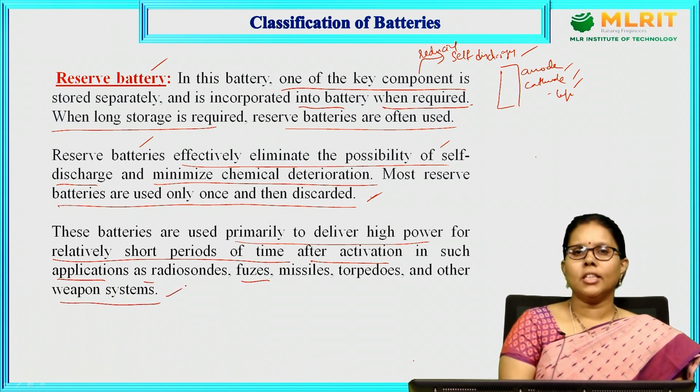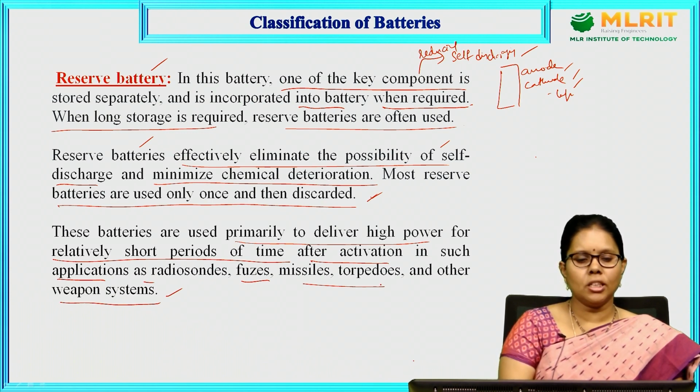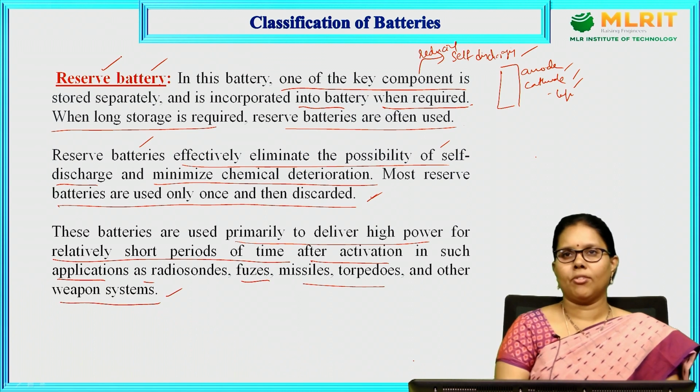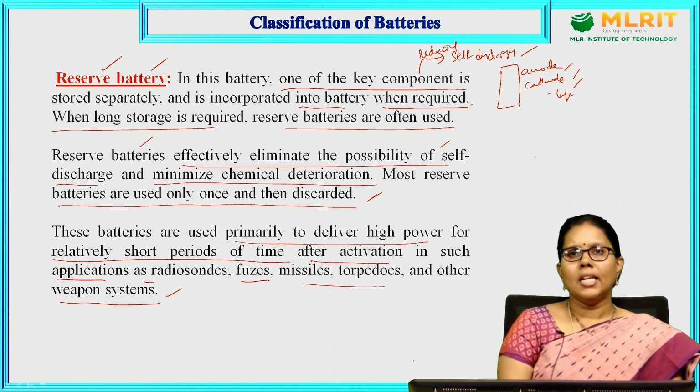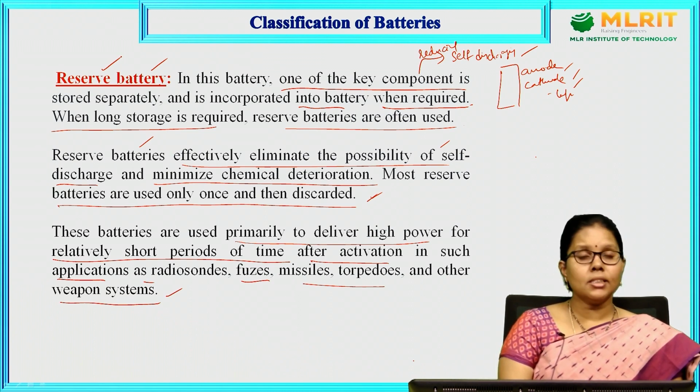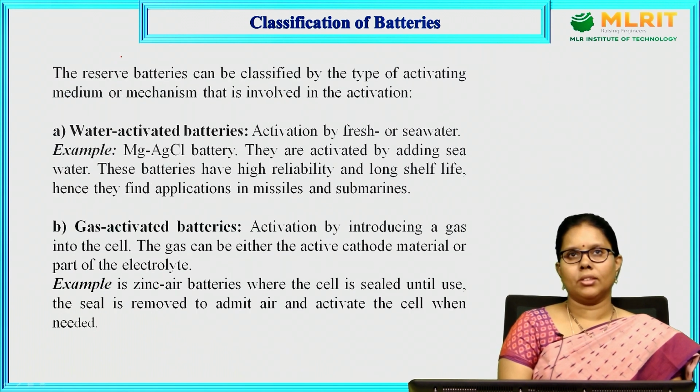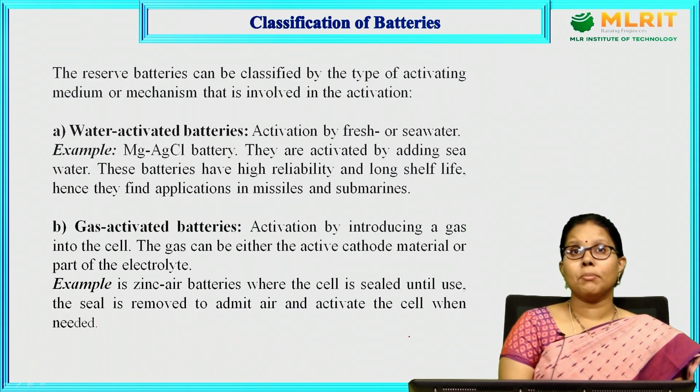So all these nuclear weapons and weapon systems are powered with the help of reserve batteries. Let us see the various types of reserve batteries. The reserve batteries can be classified by the type of activating medium or mechanism involved in the activation.